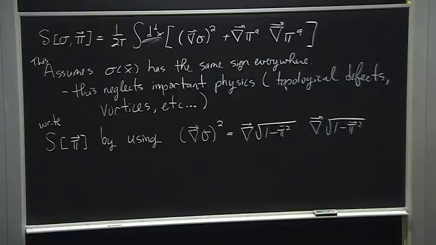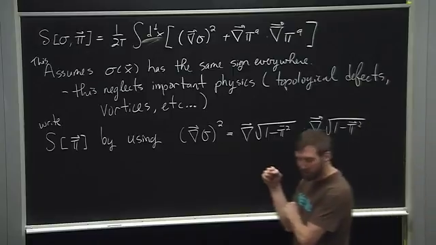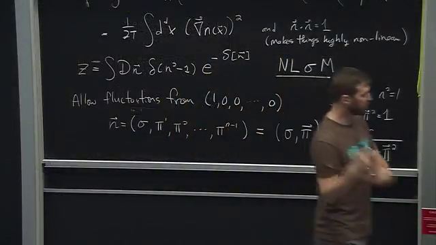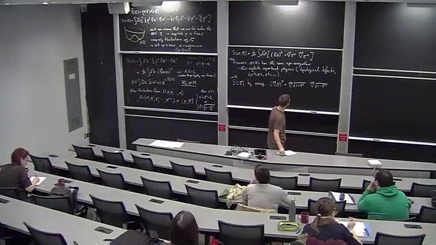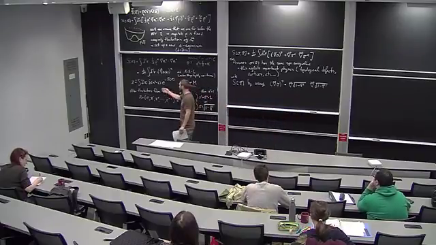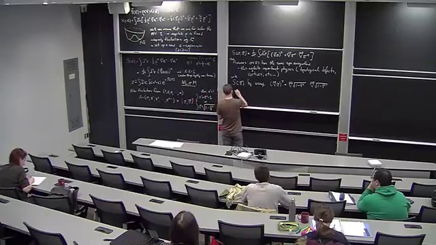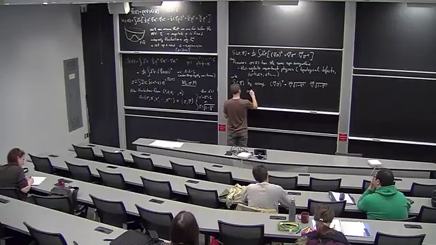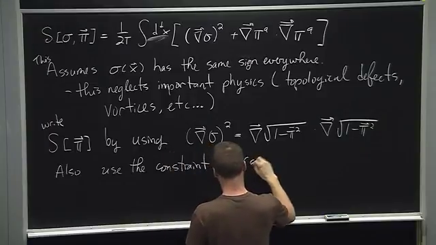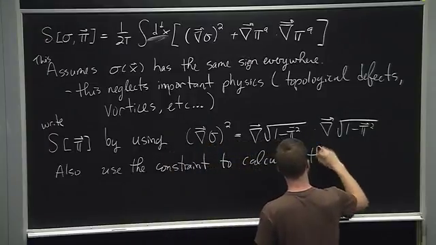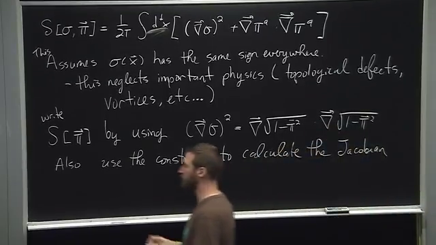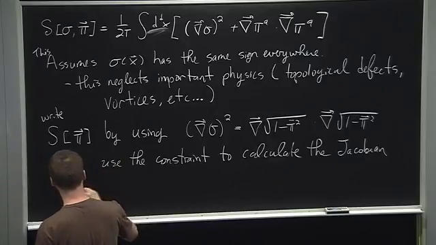But let's also write the full partition function. Let's rewrite the constraint here explicitly with a Jacobian. And then we've basically eliminated sigma also from this constraint. So I want just the functional integral.